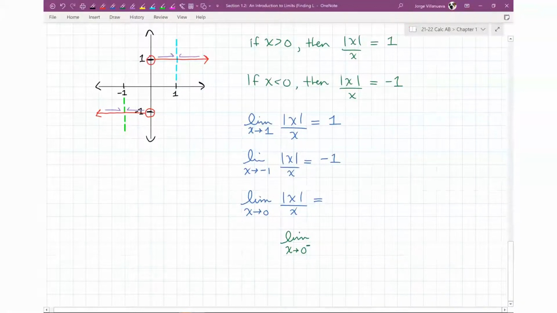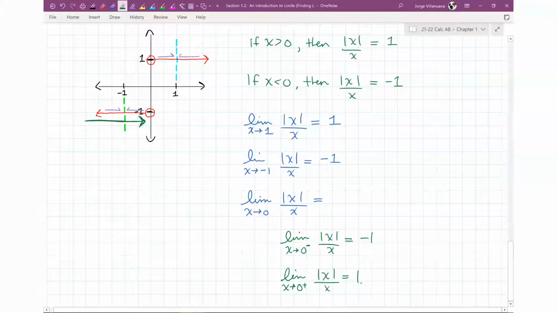So if I look from the left side, what does it look like it's going to, coming this way? To negative 1, right? That's going to negative 1. Where is it going from the right side? That's going to 1. Do they equal the same thing? No. What I'm basically showing here is that there's no collision, right?